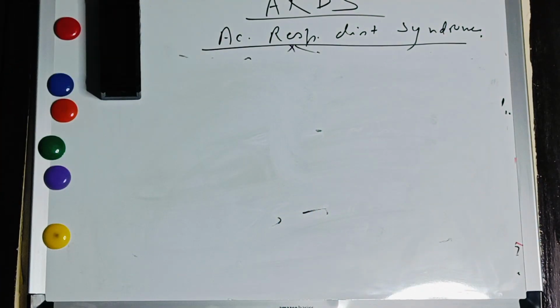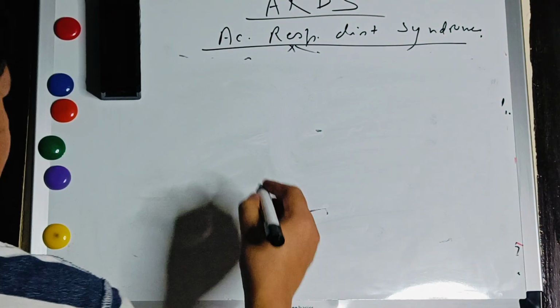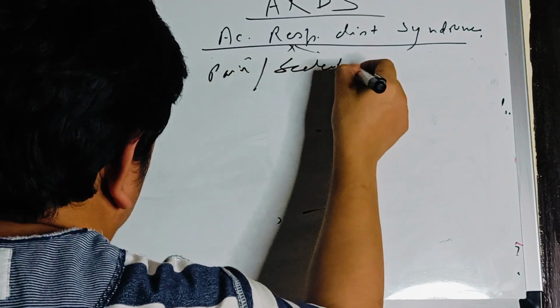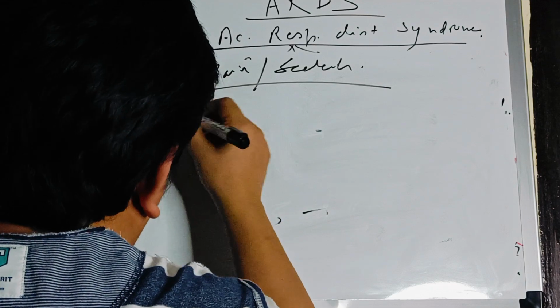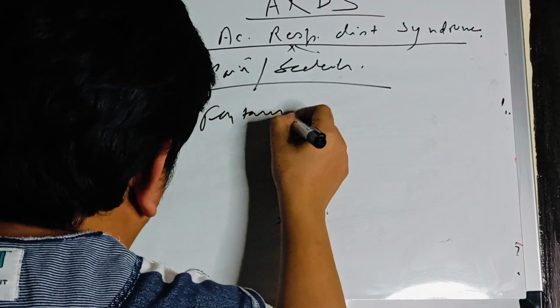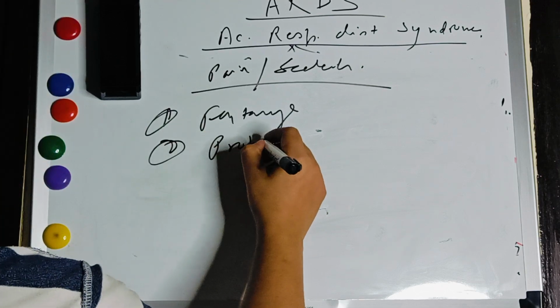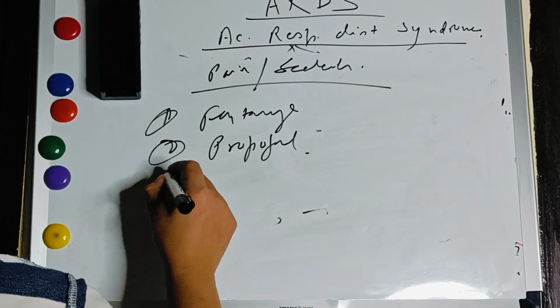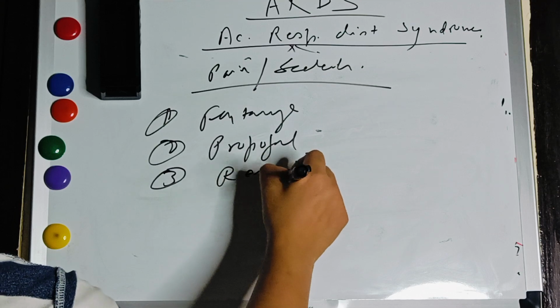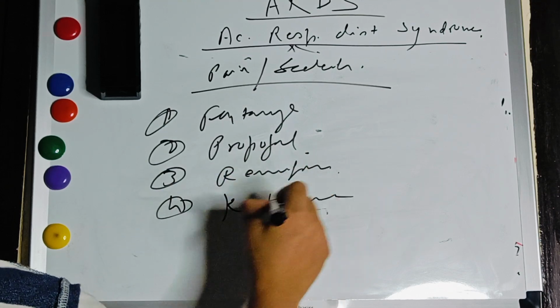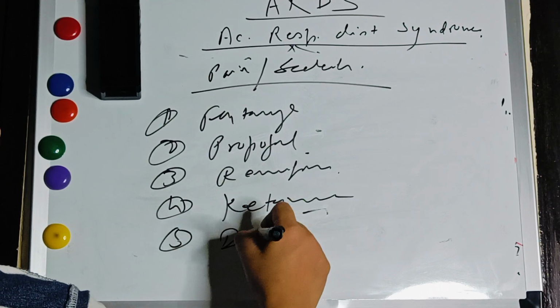What are the medications that are given for sedation purpose, pain and sedation? Fentanyl, bolus and infusion, propofol, bolus and infusion, remifentanil, ketamine, and dexmedetomidine.